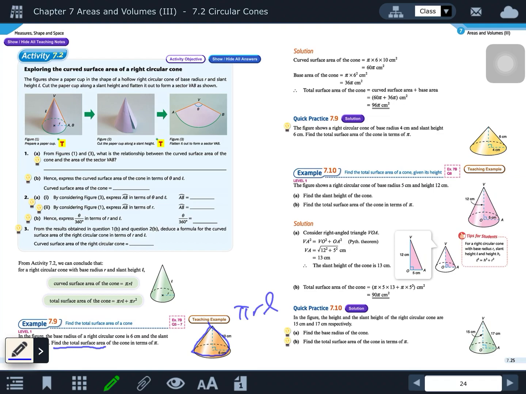In this case, pi r l is pi with r is 6 and l is 10, plus pi r square. So you will see here the curved one, pi r l, is 60 pi. The pi r square is pi times 6 square, so 36 pi. 60 pi plus 36 pi, you will have 96 pi square, which is the answer.